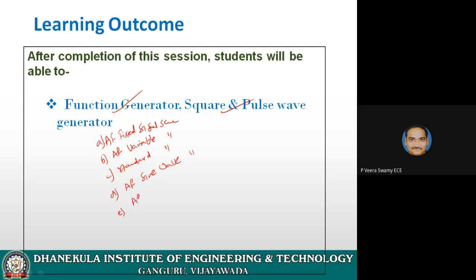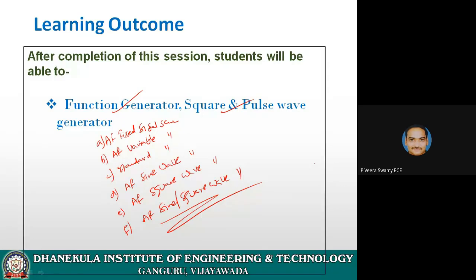Next one, AF square wave signal generator. Next one, AF sine by square wave signal generator. So these are the different signal generators.